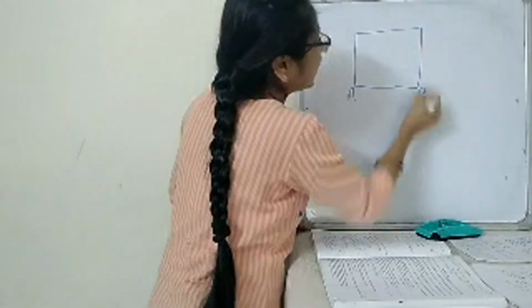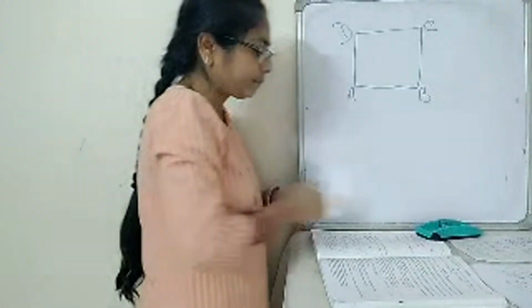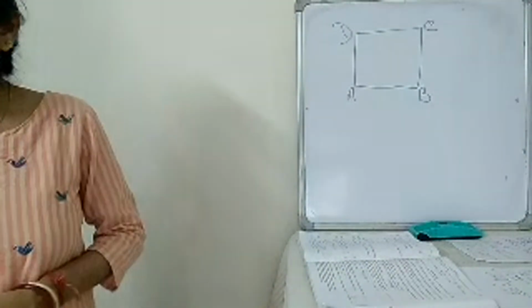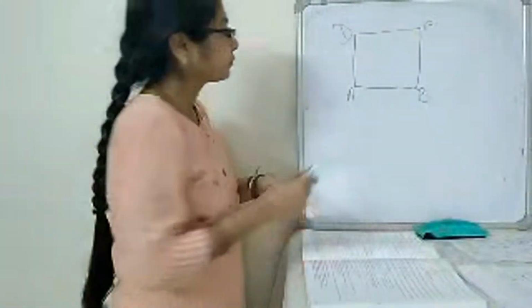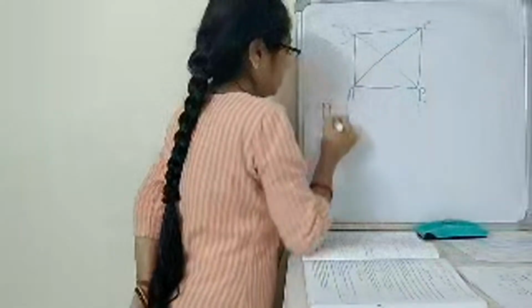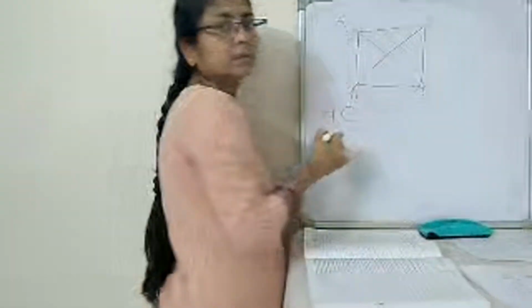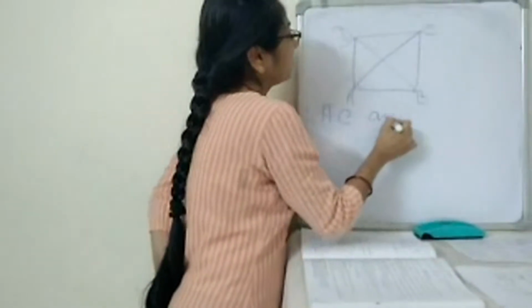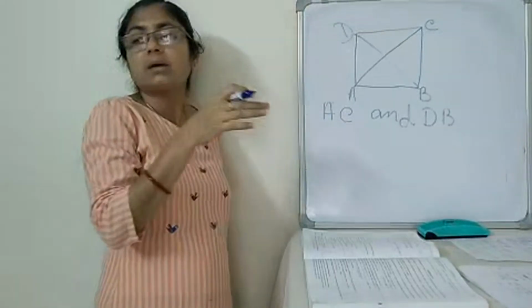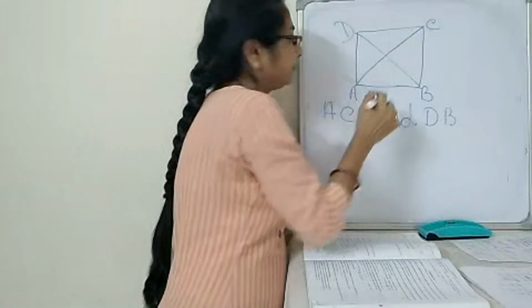A, B, C, D. It is a rhombus. It has two diagonals, AC and DB. We know the diagonals bisect each other.